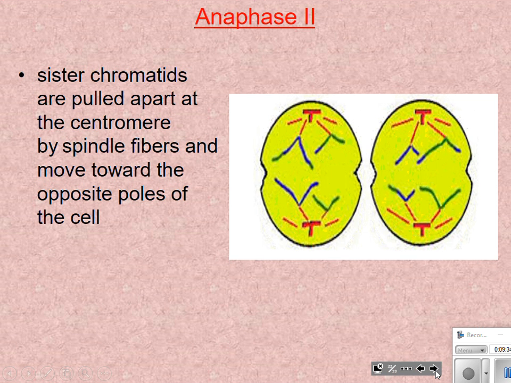Look at our X's. What has now happened to our X's? They've been pulled apart. So we've broken apart that X, pulling each of the sisters to the opposite pole.